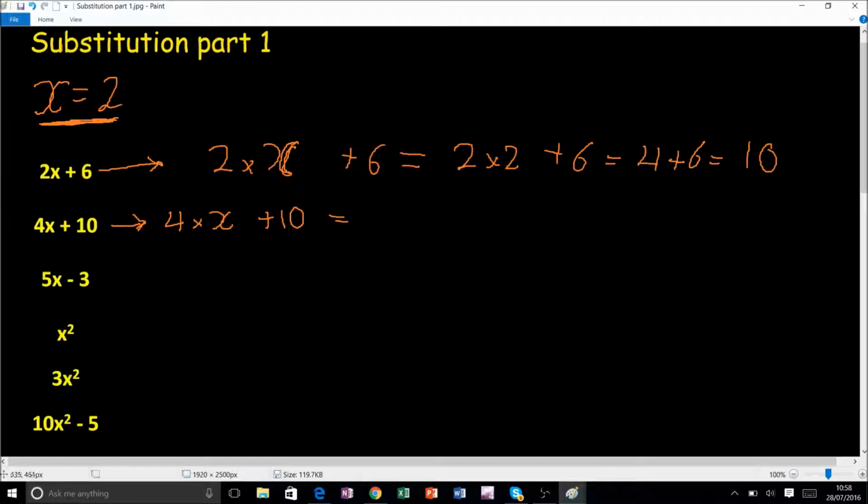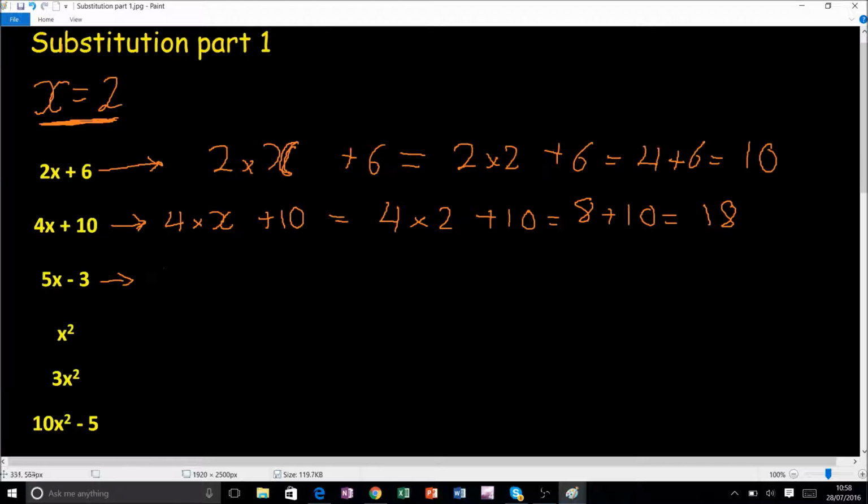So 4 times x is the same as 4 times 2 plus 10. So 4 times 2 is going to give us 8, and 8 plus 10 is going to give us 18.